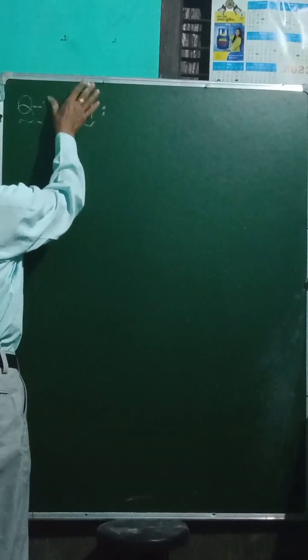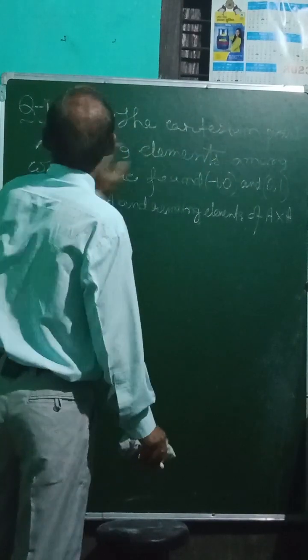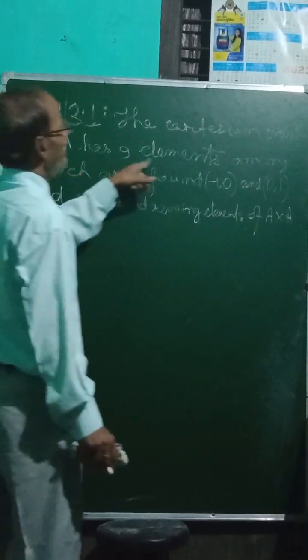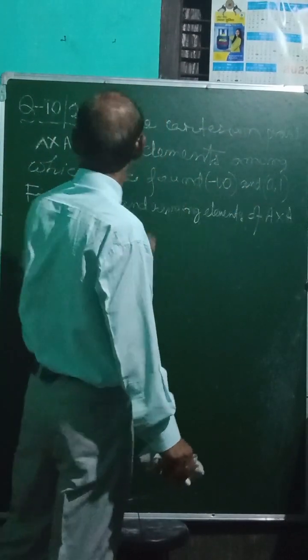Next, question 10 from exercise 2.1. The Cartesian product A cross A has 9 elements, it is given, and among these are found (-1, 0) and (0, 1).